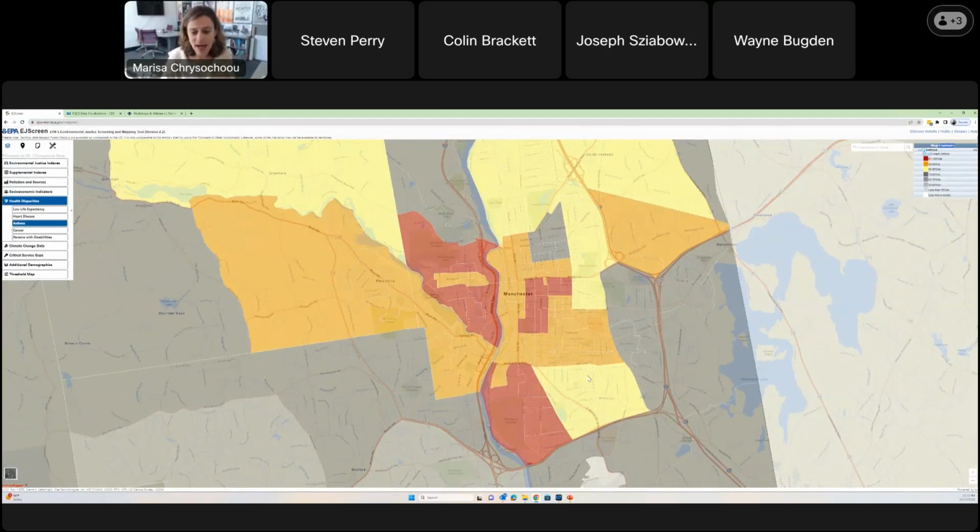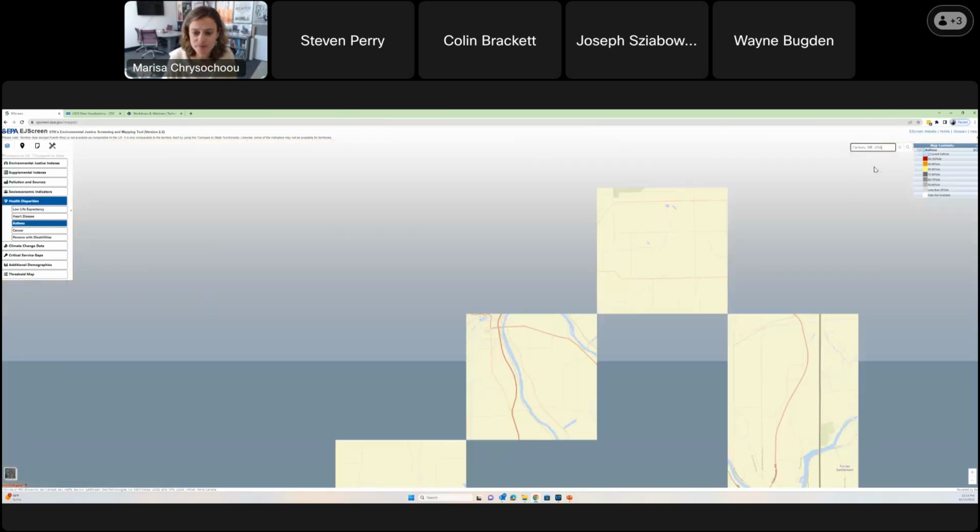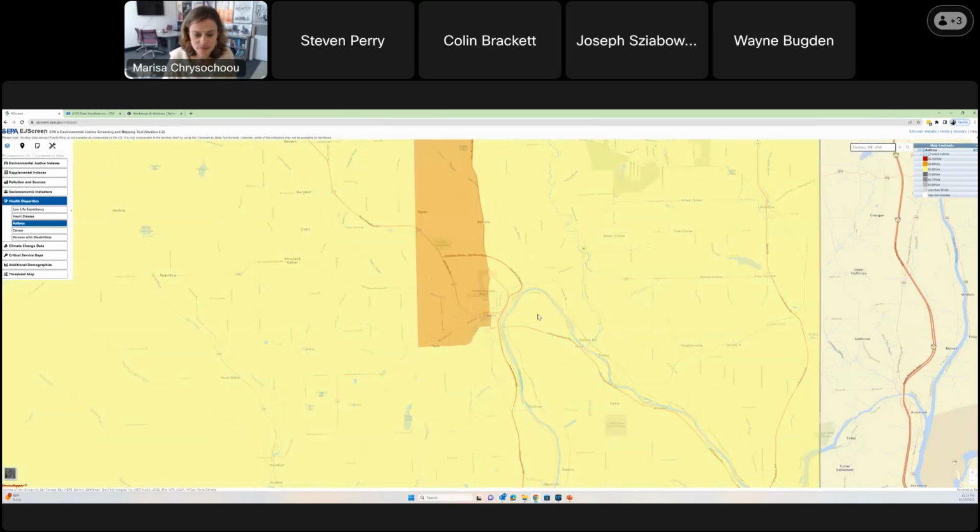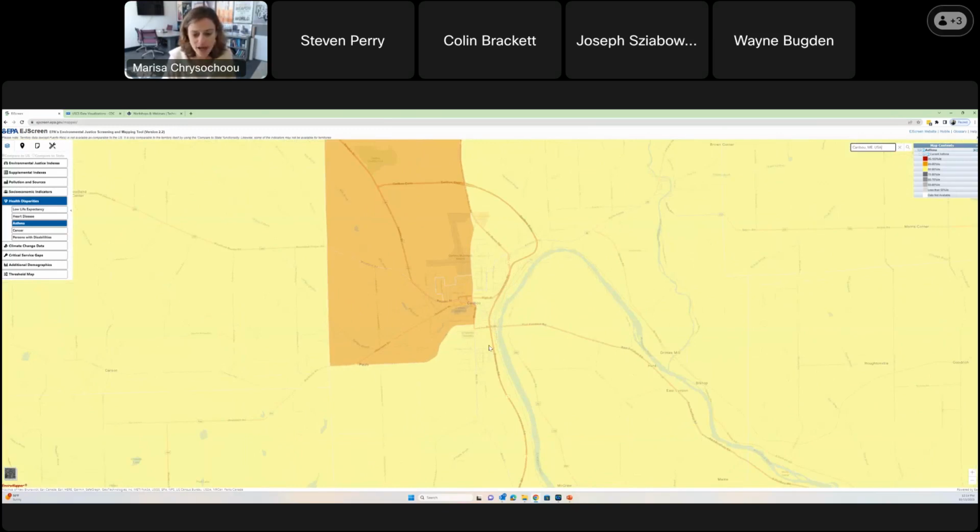But when it comes to your target area, what you really want to use is the EJ-Screen reports. And to show you the example of Caribou that we showed last time, I will now navigate to Caribou, Maine. Okay. And we know here that our target area was census tract 9514. So in this case, I want to generate a report for that census tract.